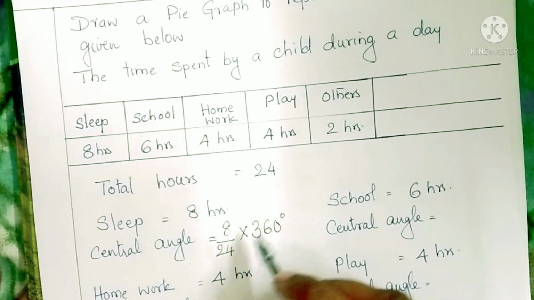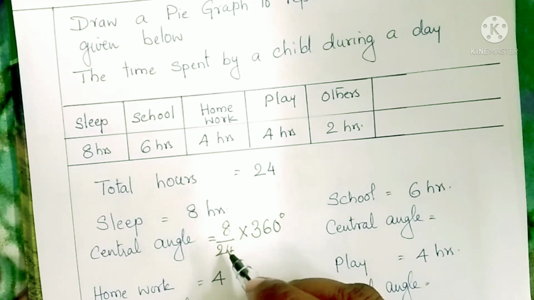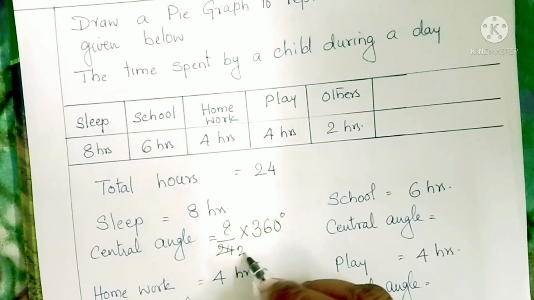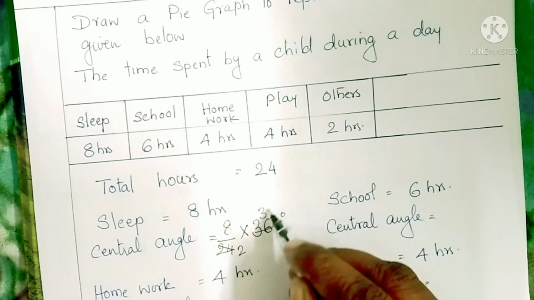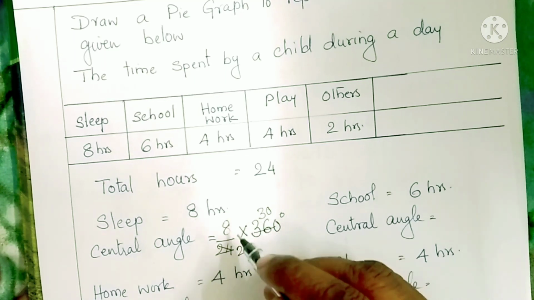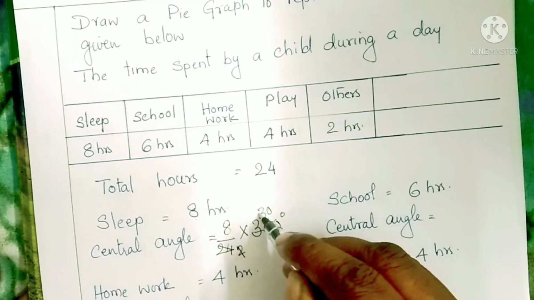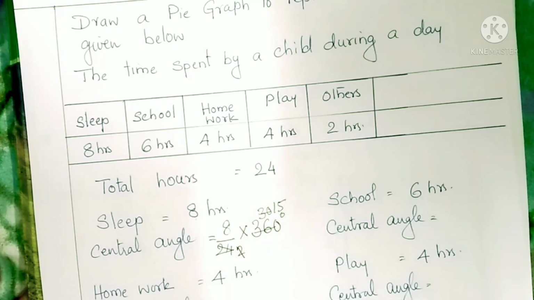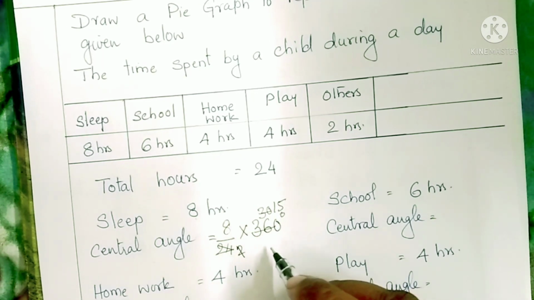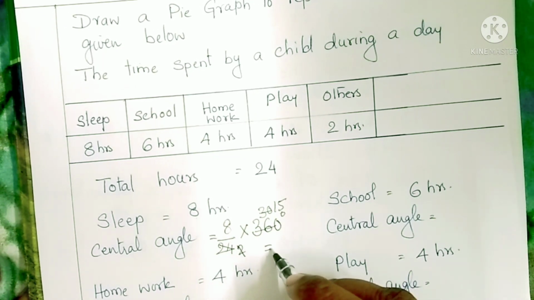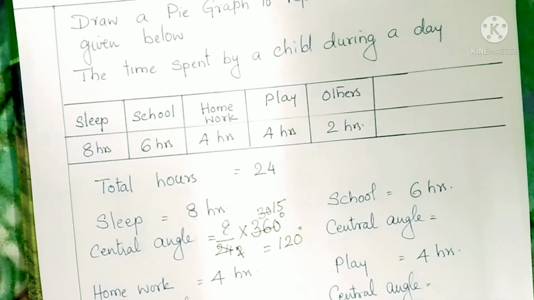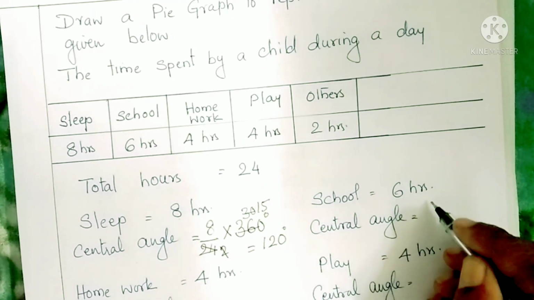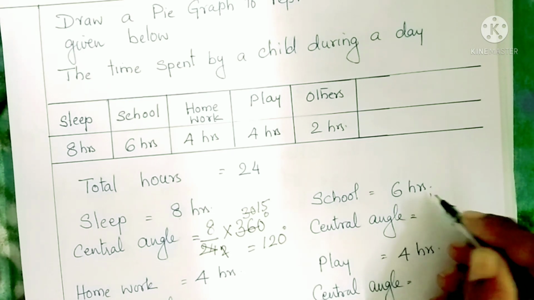When you do cancellation, 12 2s are 24, 12 3s are 36, so 30, and when you cancel it, here 15, so 15 8s are 120 degrees.